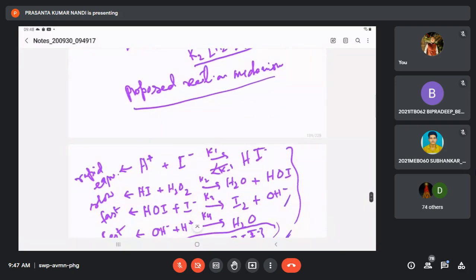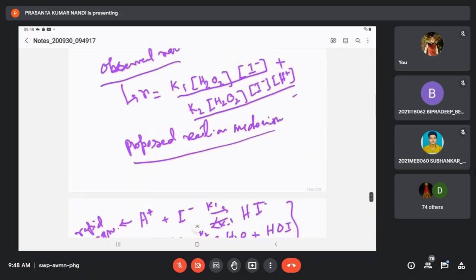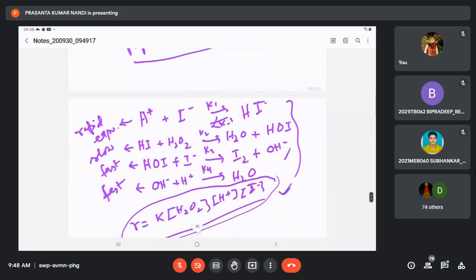So this is the proposed reaction mechanism that I have given you in my assignment. Overall rate equals k, concentration of H2O2, H plus and I minus. The first one is the rapid equilibrium, both forward and backward: formation of HI and its ionization to respective ions.